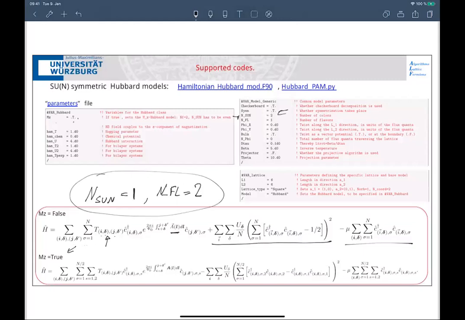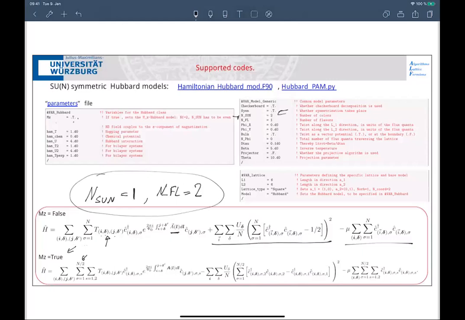In this case, you will again have the same Hubbard model. The interaction is now coupling to MZ, and you have, of course, the chemical potential and the hopping. Just note this N SUN equals 2. This is chosen such that if you take MZ or not MZ, you get the same answers.